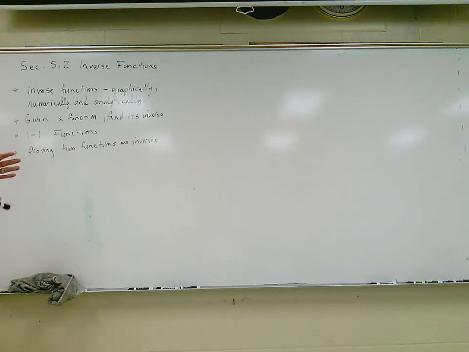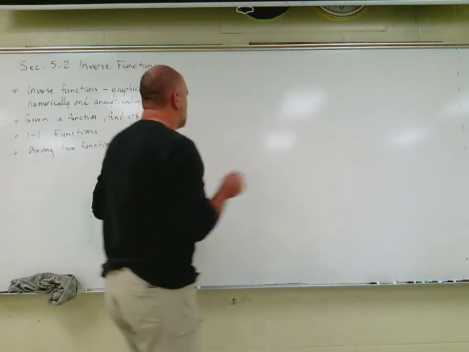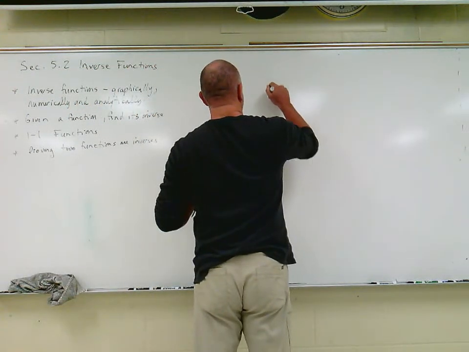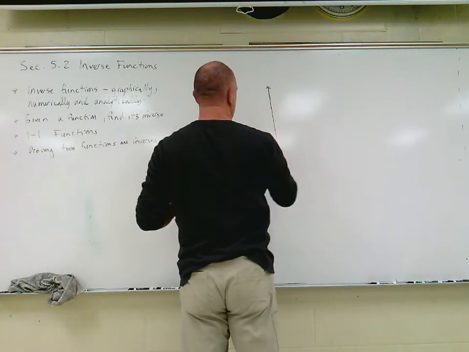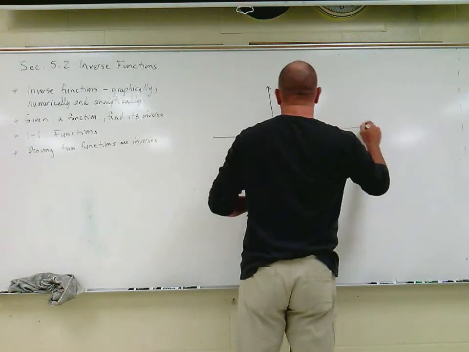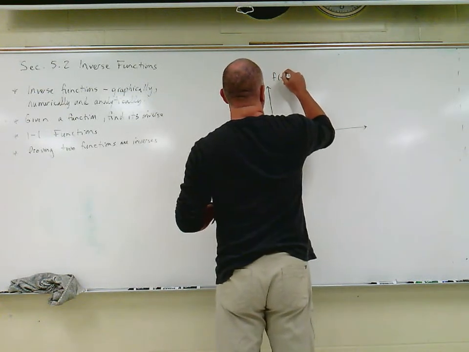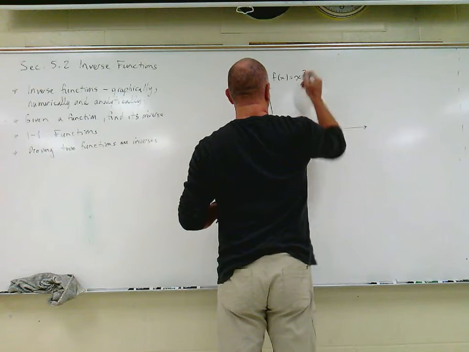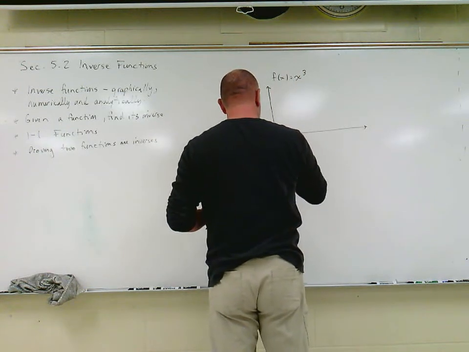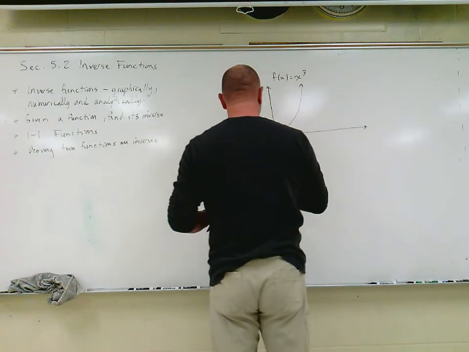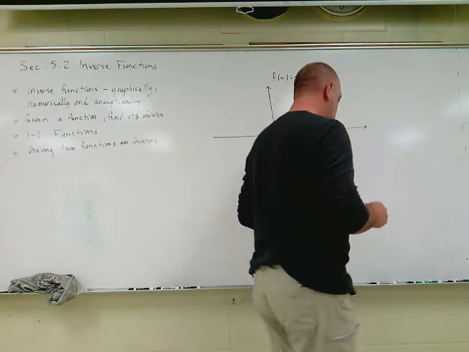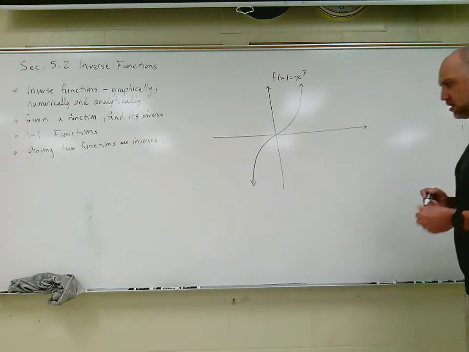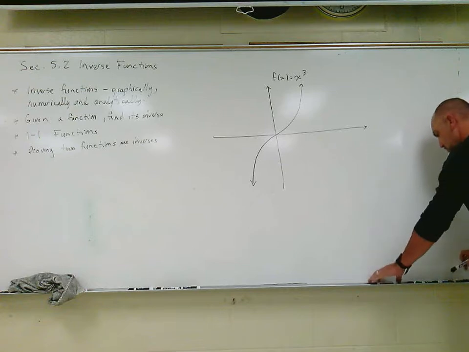So the best thing to do to get started is I'm going to give you an example of two functions that are inverses. So we'll start off with the first function, x cubed. Its graph looks like this. And what I'm going to do is graph the inverse of x cubed on the same graph, maybe in green here.